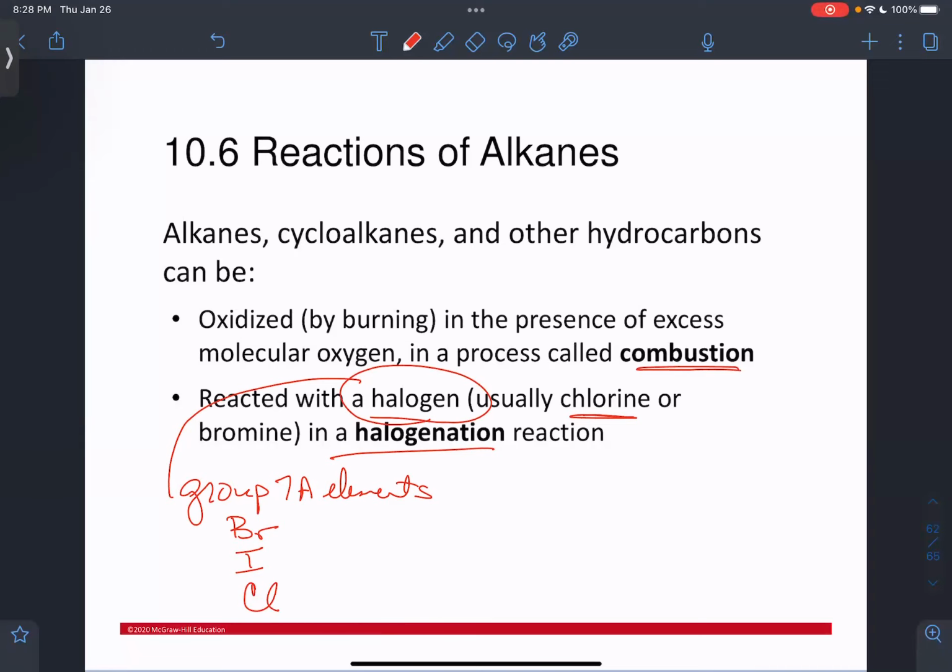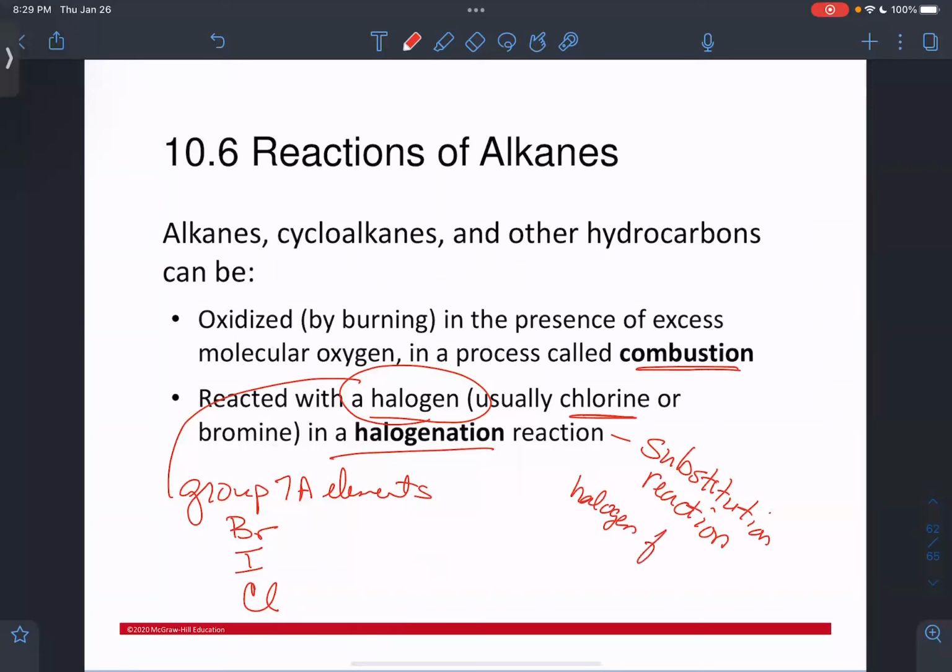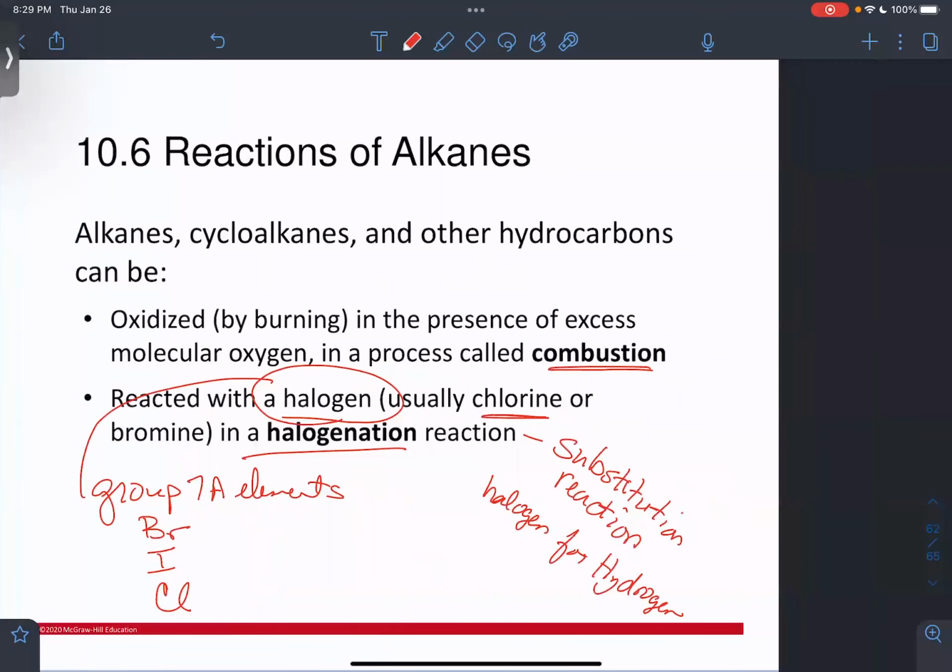So a halogenation is just a substitution reaction where you substitute a halogen for a hydrogen. And I'll show you what that looks like.